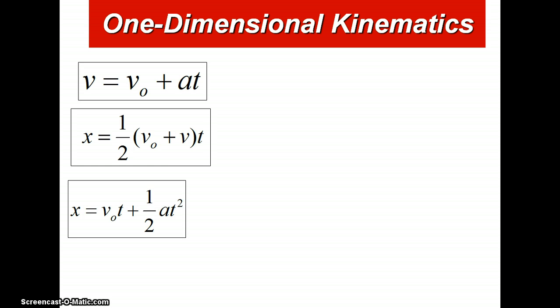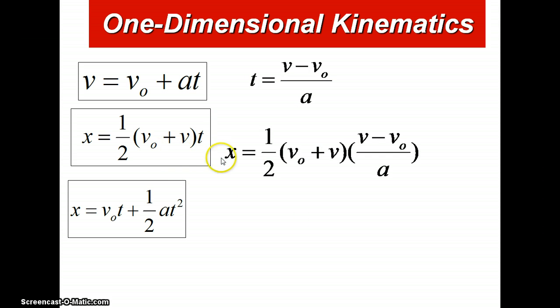So here are the three equations that I have so far. I'm going to do some algebra with these. I'm going to take the first equation and solve it for t. t is equal to v minus v naught over a. What I'm going to do is take that expression for t and plug it in the second equation. Now when I do that, I have this v naught plus v term, and I also have this v minus v naught term from the time.